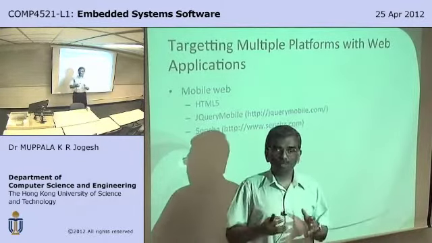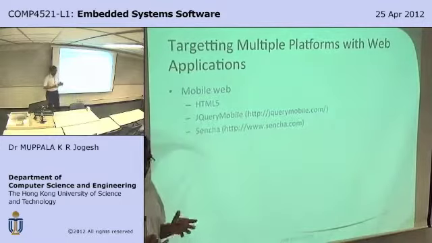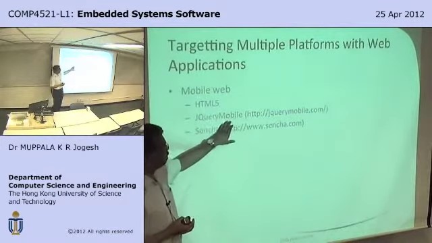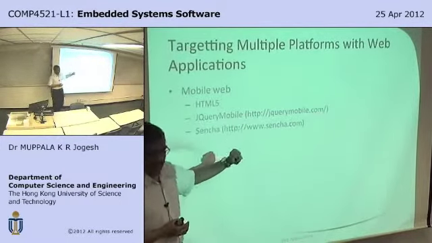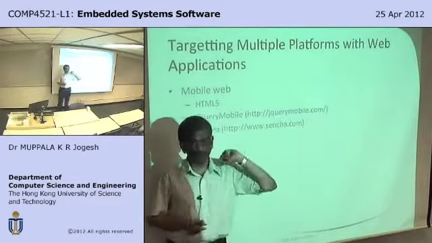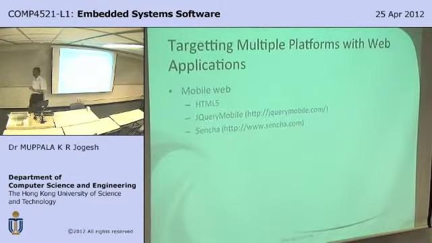Now, when it comes to mobile, jQuery is too big, so they implemented a mobile version of it called jQuery Mobile. If you need more information, just go to that website.